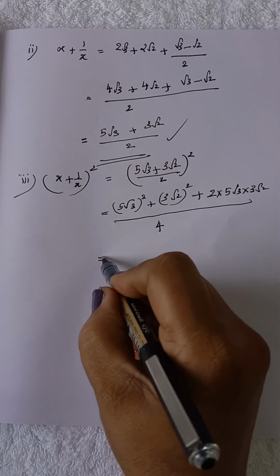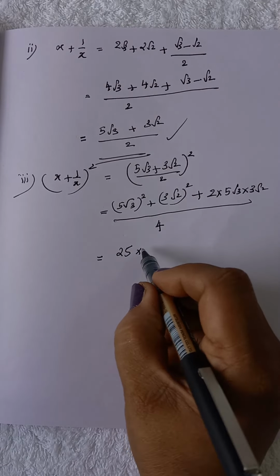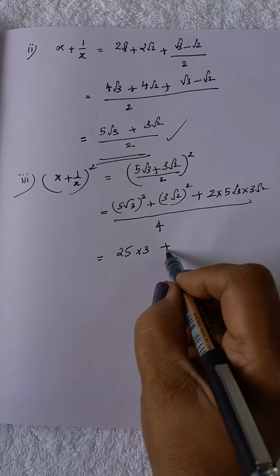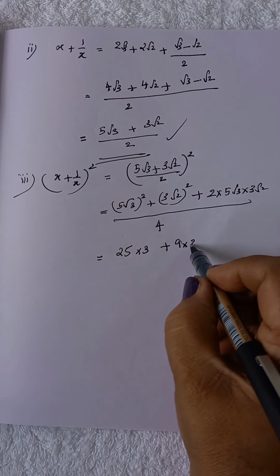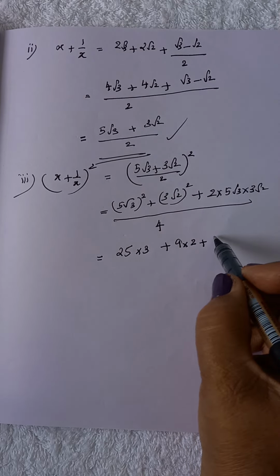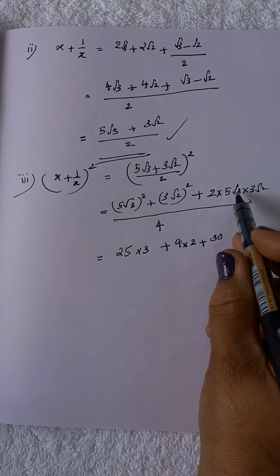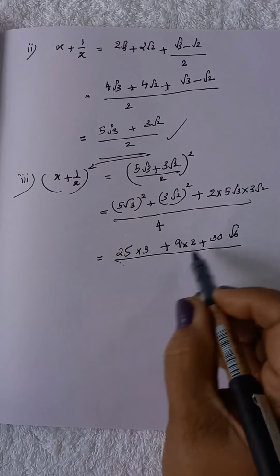That is equal to 5 square is 25, root 3 square is 3, so into 3. Now that plus 3 square is 9 into root 2 square is 2 plus 5 into 2 is 10, 10 into 3, 30, 30 into root 3 into root 2, that is root 6 divided by 4.